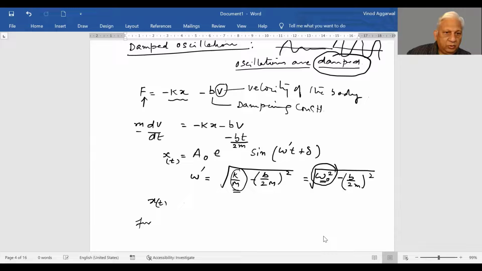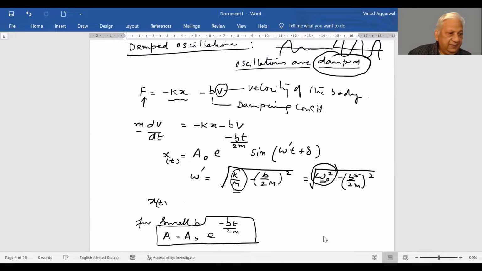Now for small b, when the damping is small, then what you get is this formula which comes out.